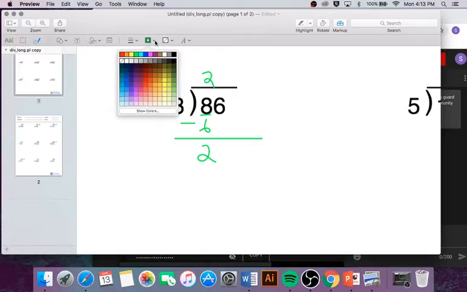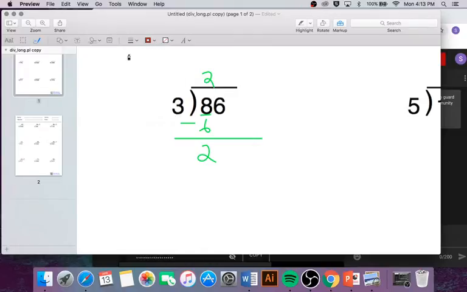And we're going to move over here. We're going to bring our next number down. So our new number now that we're going to divide by is 26.